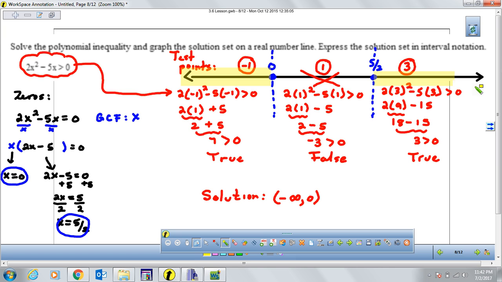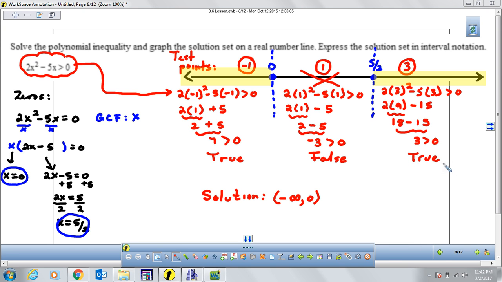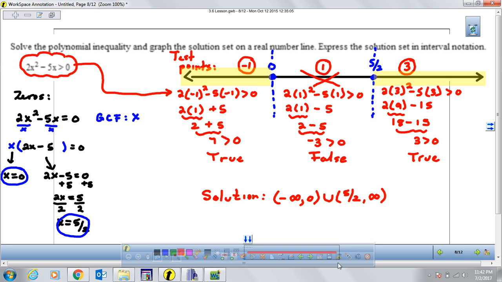That anything from 5/2 to positive infinity is going to be a solution because it's going to make the original inequality a true statement. So my solution is anything from negative infinity to 0, or anything from 5/2 to positive infinity. And that is my solution.